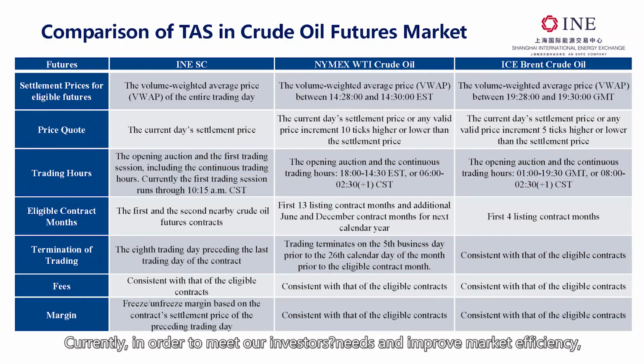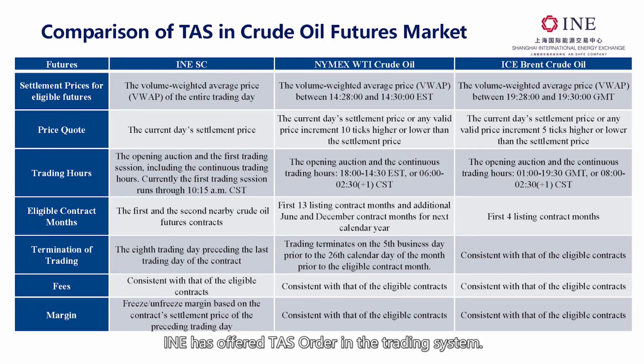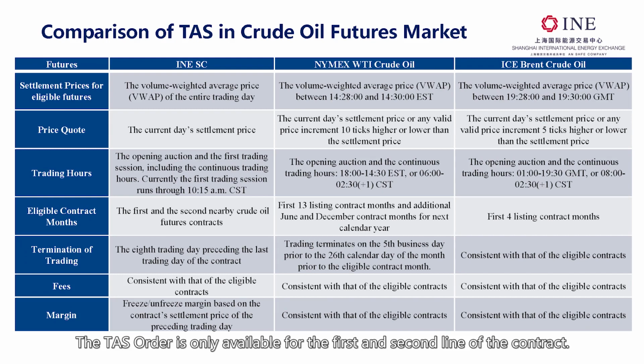Currently, in order to meet our investors' needs and improve the market efficiency, INE has offered a task order in a trading system. We can take a look at this table. The task order is only available for the 1st and 2nd line of the contract. The settlement price is based on current day settlement price, which is the volume-weighted average price of the entire trading day.